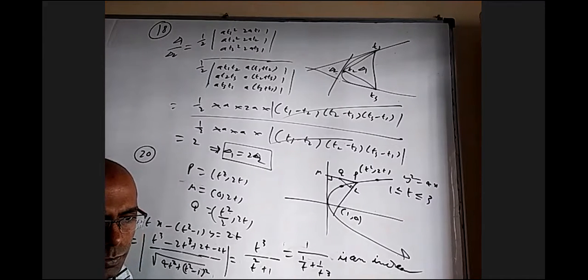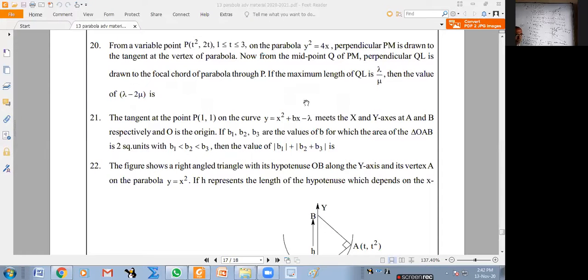That's the maximum possible value. Oh, they want a ratio. So lambda by mu is 27 by 10. They want lambda minus 2 mu. 27 minus 20 is 7. That is, we have to keep t equal to 3.